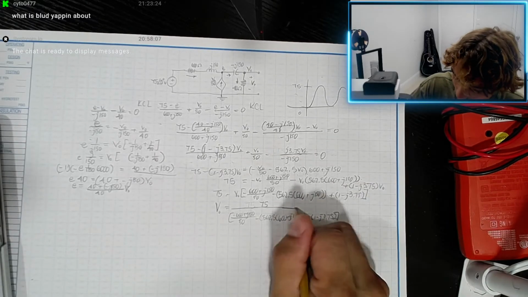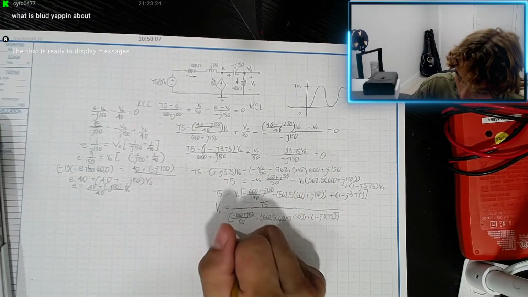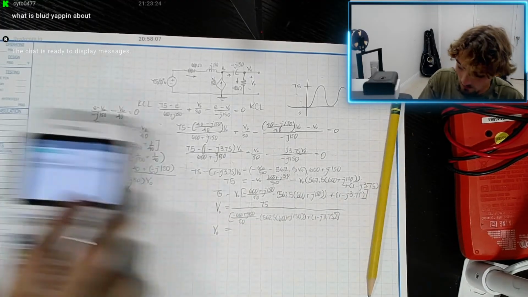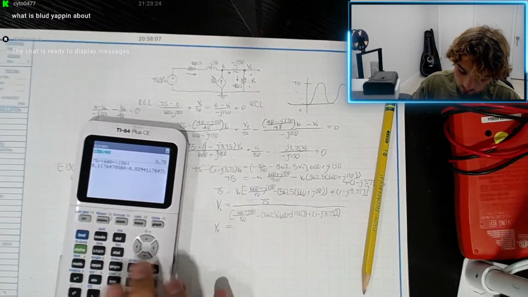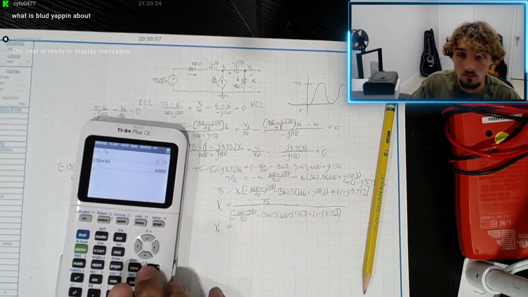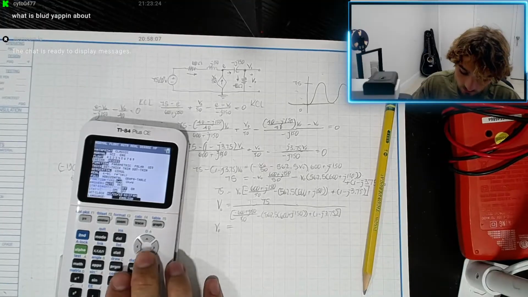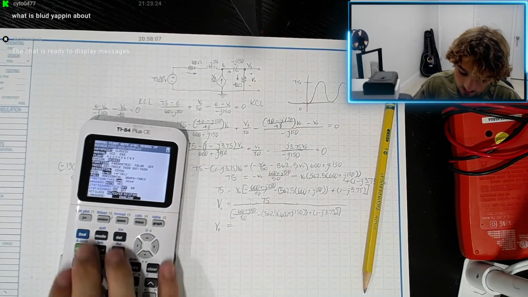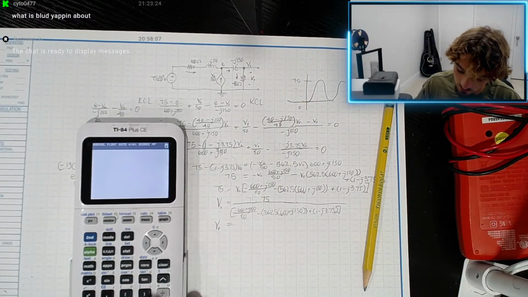Okay, so V out equals. What kind of mode am I in? I'm not even in this mode. So let's do it. So 75 divided by.